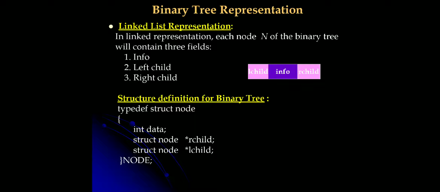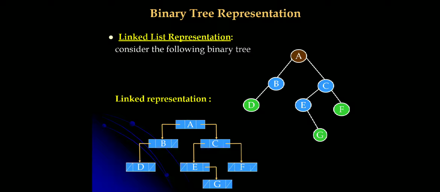So this is the structure definition to represent a node in a binary tree. typedef struct node, int data, and struct node star r child, struct node star l child, and the identifier given is node. So the two self-referential pointers we have taken represent a node in a binary tree. And this is the linked list representation given with a binary tree.